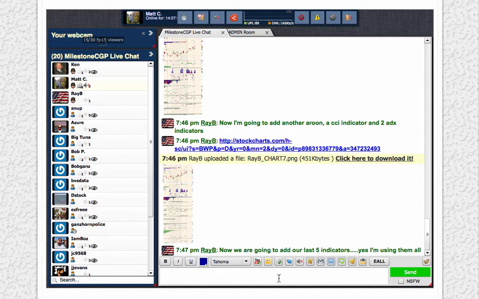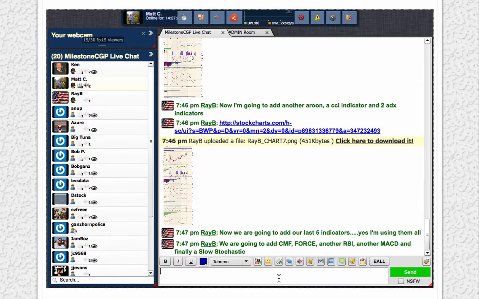So we're going to add the last 5 indicators. We're going to add a CMF, a Force, another RSI, another MACD, and finally the slow stochastics. This is a fully loaded chart for you.